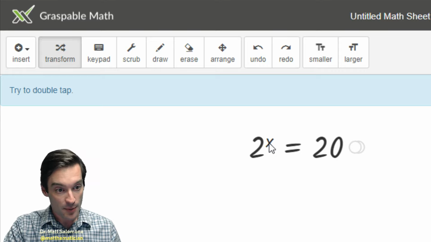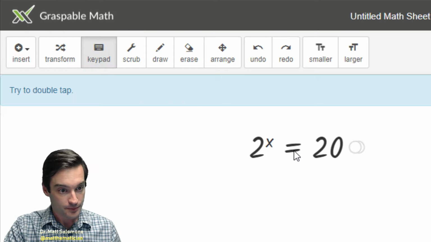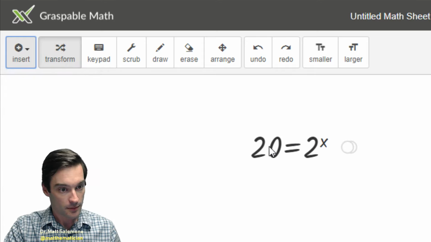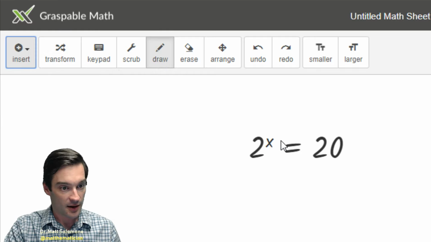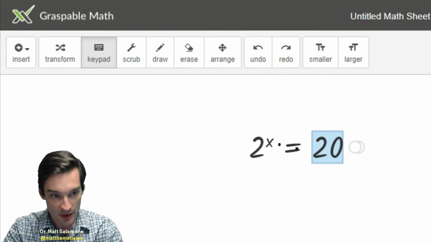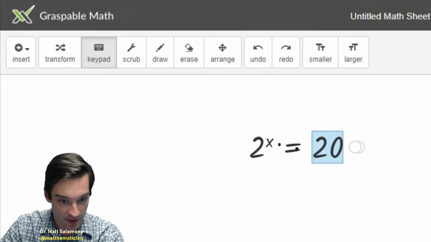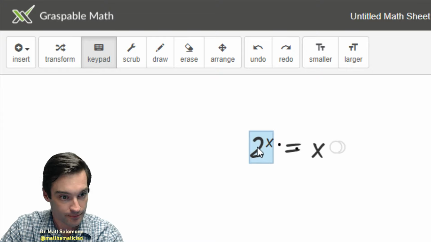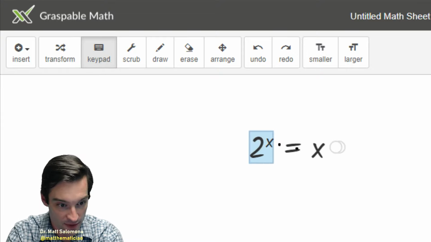And so what I'm going to end up with here when I rearrange this equation is, oops, trade places, get that to the other side. I'm going to end up with x on this right-hand side, and then on the left-hand side, I'm going to end up with the log base 2 of 20.